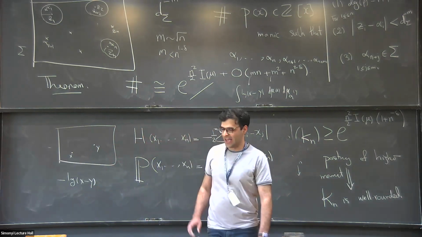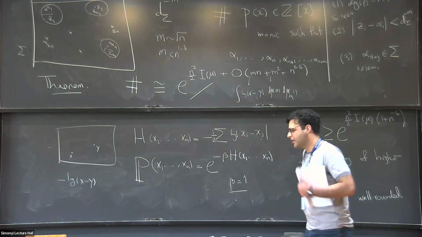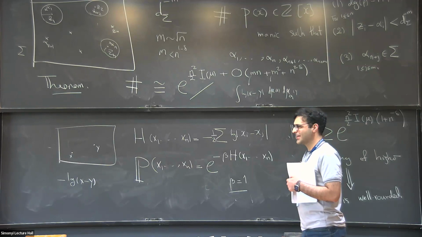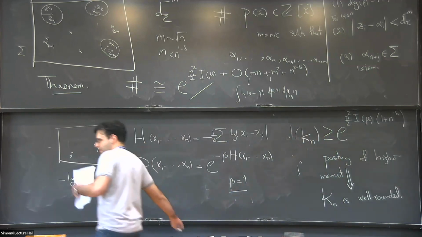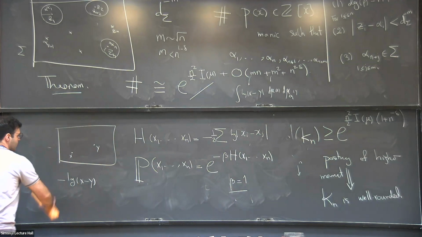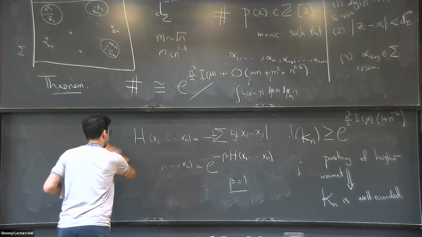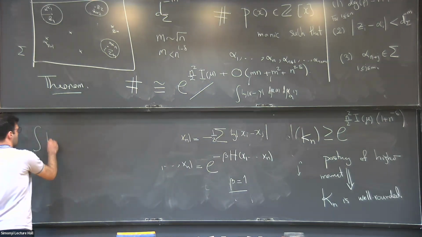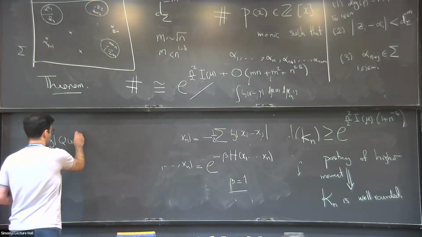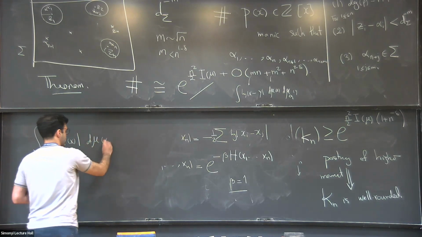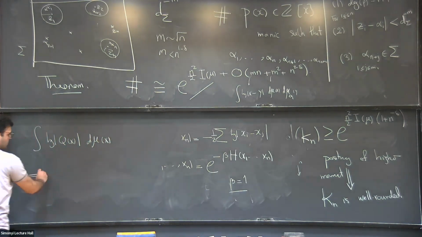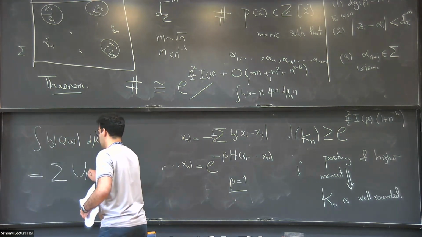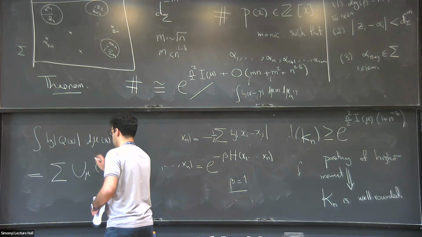Yeah. So the one idea is that if your measure is positive everywhere, then it is a measure. Because, okay, let me write. That sounds good. And that uses this theorem: if you take the integral of log of q(x) d mu(x), then you can basically write it as the sum of the potential function of mu evaluated at the roots of q.